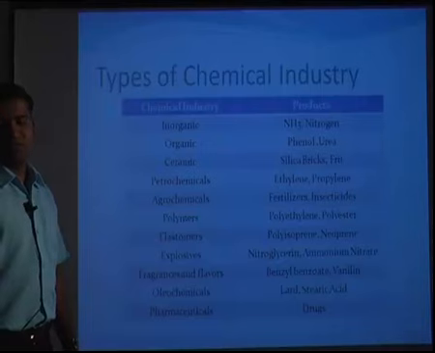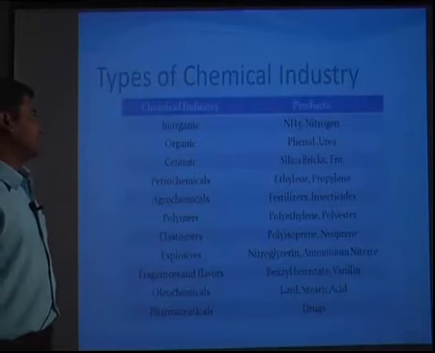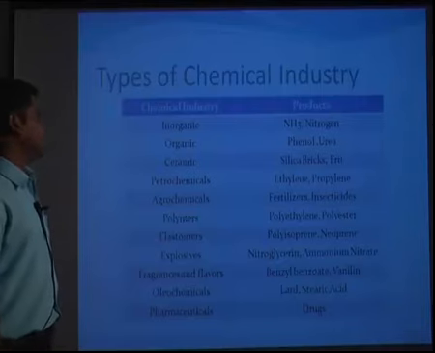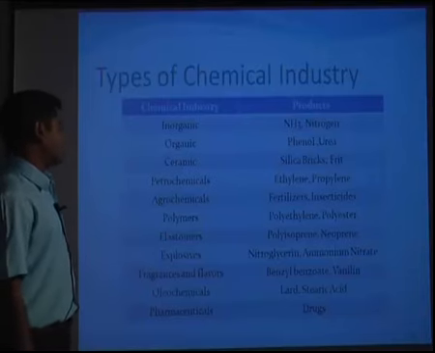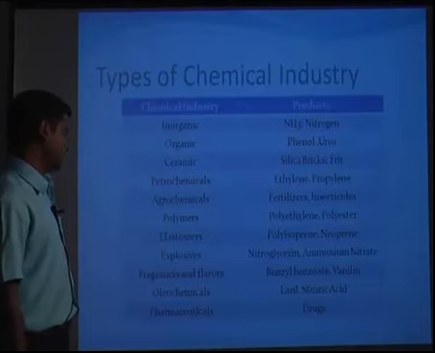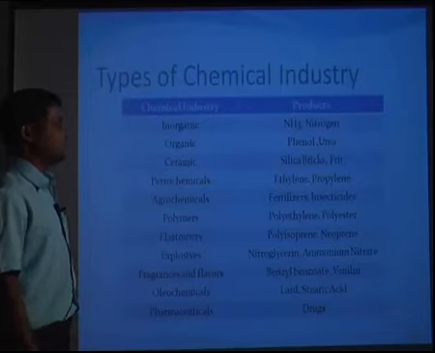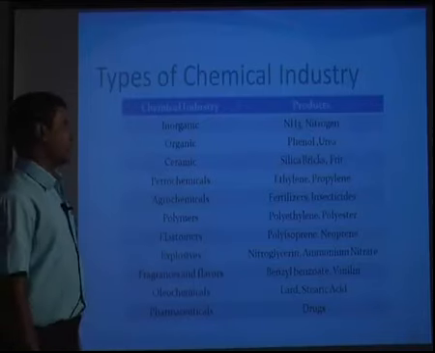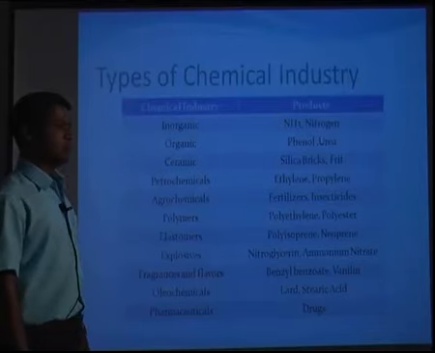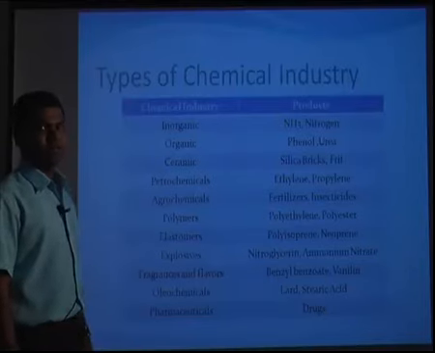The chemical industry is widely divided into different categories like inorganic, organic, ceramic, petrochemicals, agrochemicals, polymers, elastomers, explosives, fragrances and flavors, oleochemicals and pharmaceuticals. Mainly the types will be two only, inorganic and organic, but organic is also divided into many types in order to differentiate them.